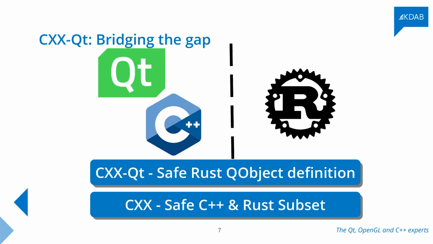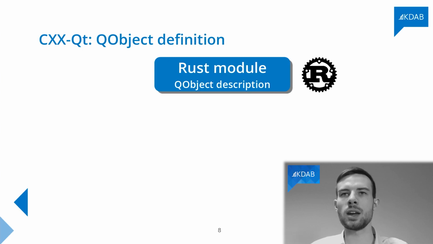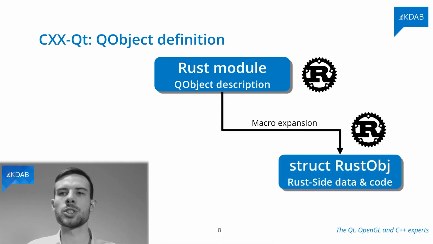This, in practice, works by creating a module in your Rust code. And a module is sort of similar to a namespace in C++, where you'll then describe what you want your QObject to look like. And you can then split it up into two parts that give you a very clear separation of concerns. The first is the Rust part, which is generated by expanding a macro on the Rust side.